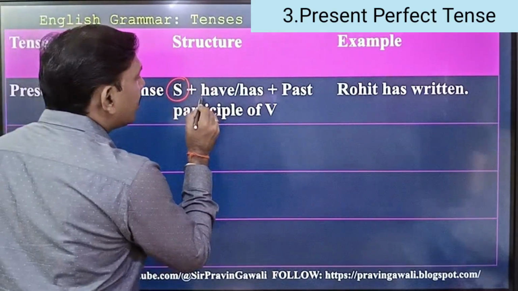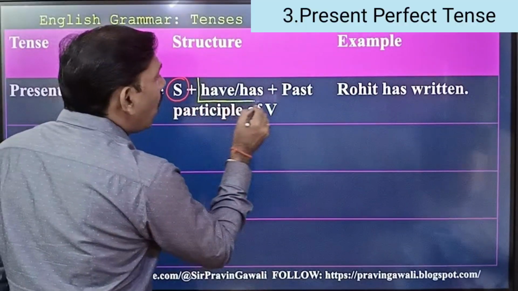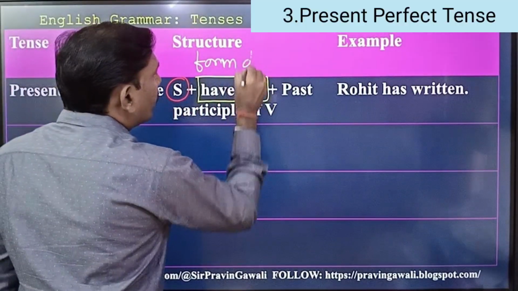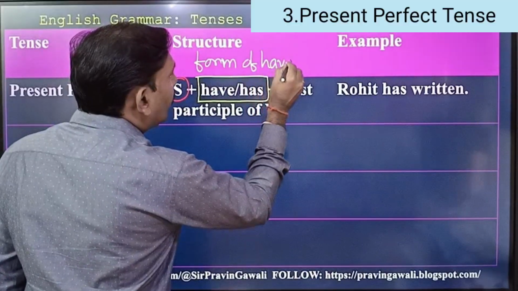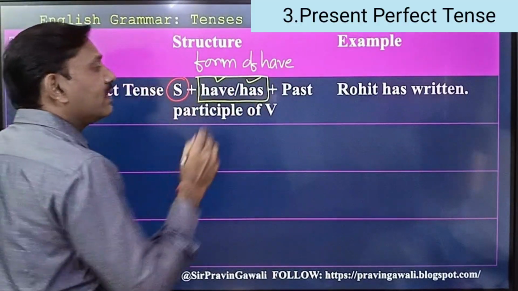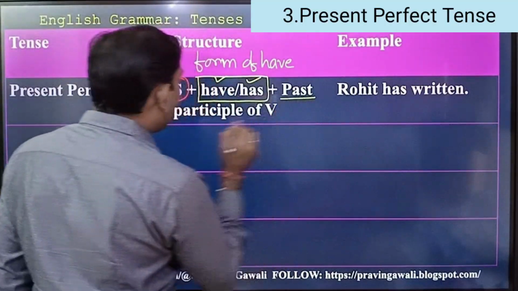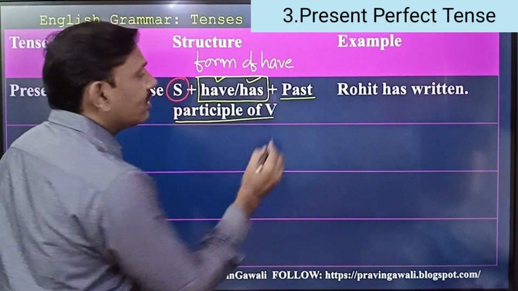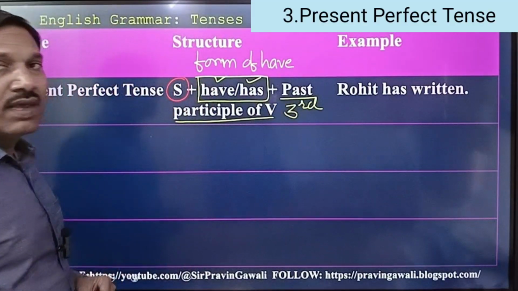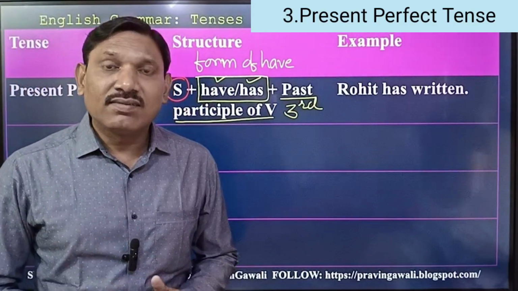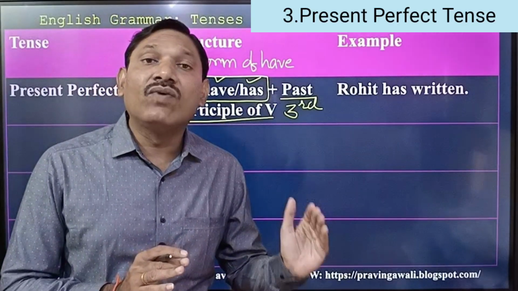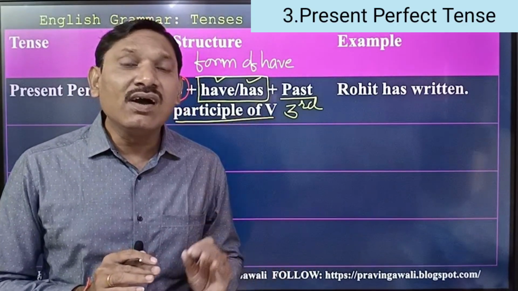Subject plus the form of have, that is have, otherwise has we have to take, and then after that the past participle of the verb, otherwise the third form of the verb we have to use. Subject plus have or has and the past participle of the verb or the third form of the verb.